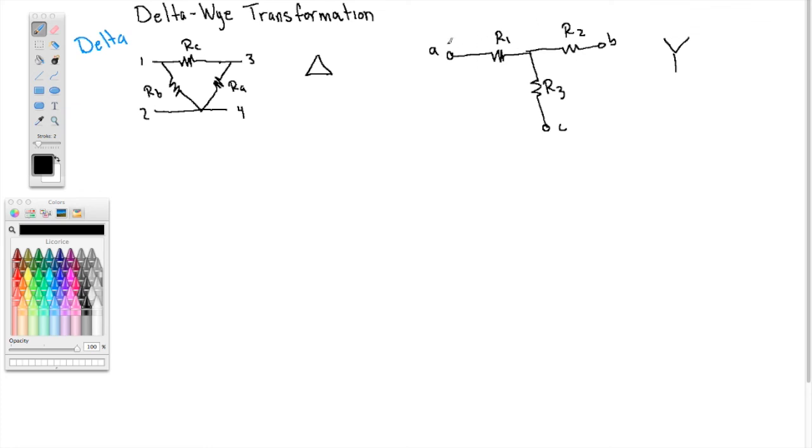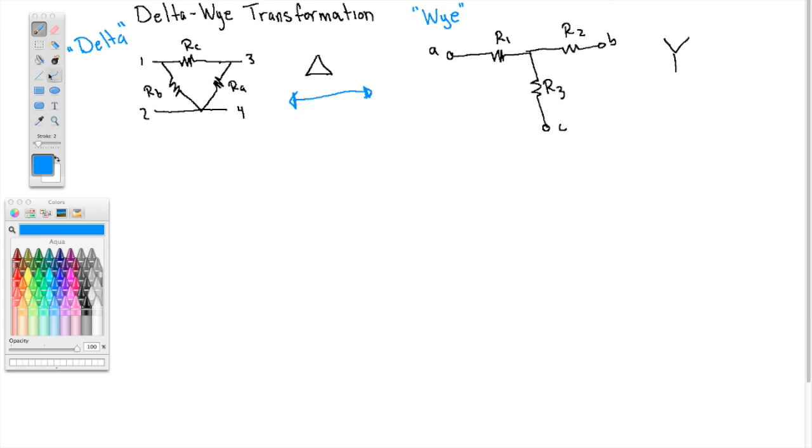Okay, so this is the Y configuration. And there's an equivalent transformation to get from this picture to this picture, or from this picture to this picture. And that equivalent transformation is as follows.